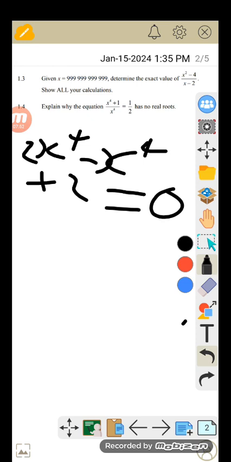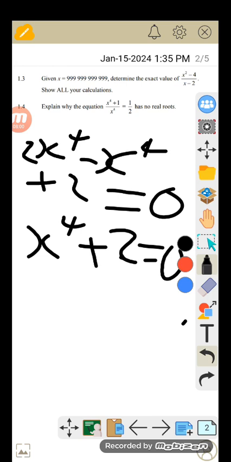So it's going to give us x to the 4 plus 2 equals 0. We know that in order for us to get a delta, we must have a quadratic equation.